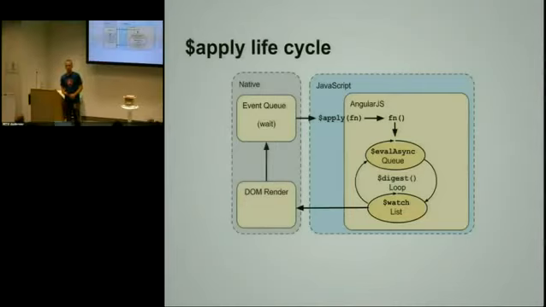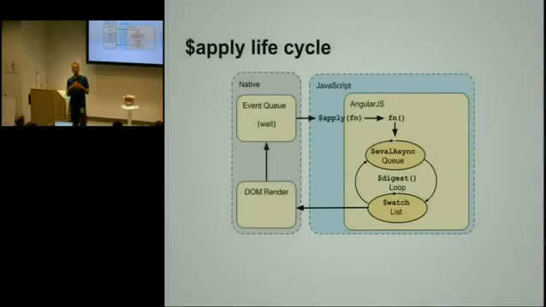Unless you're doing something advanced, like creating your own compiler directives, you don't get to create scopes. This is handled by the framework for you. The way it works is we go through the template, and in the template we find directives like ng-repeat.